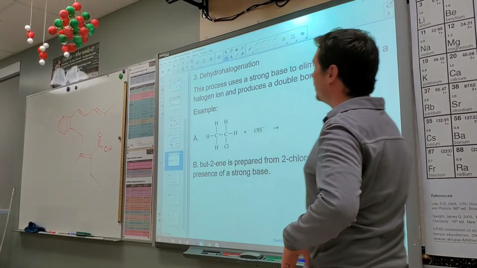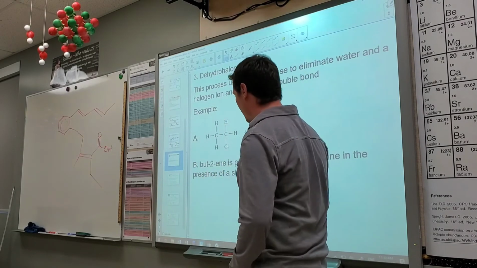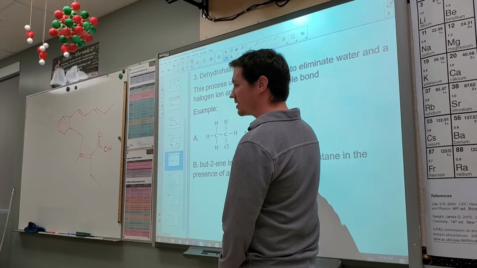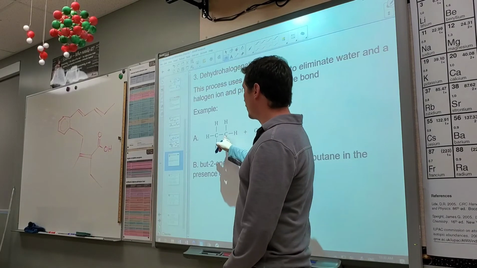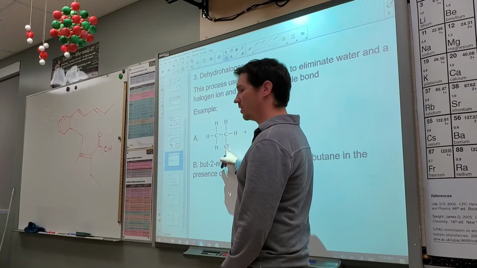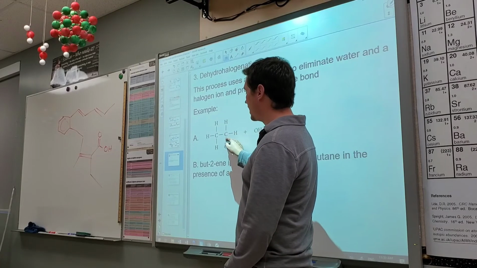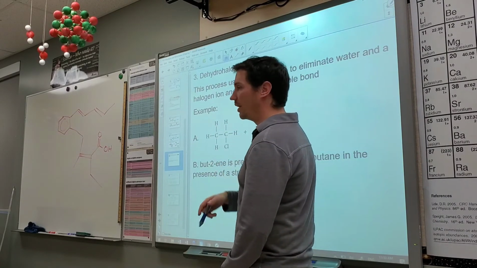Again, this is really complicated chemistry. I kind of wish it wasn't in your curriculum, but that's fine. This hydroxide is going to steal a hydrogen that is 1 carbon away from the chlorine. So it's not going to steal a hydrogen that's attached to the same carbon as the chlorine. It's going to be 1 carbon away.